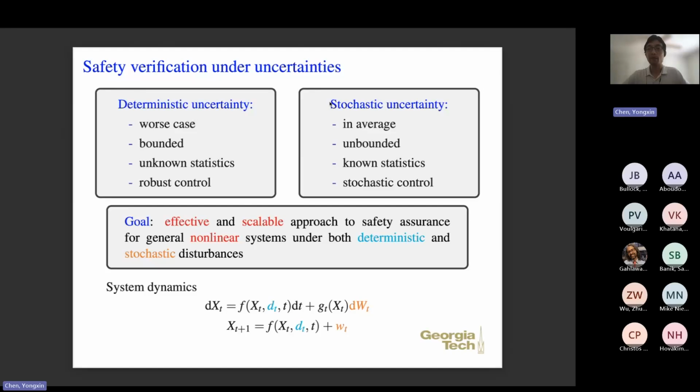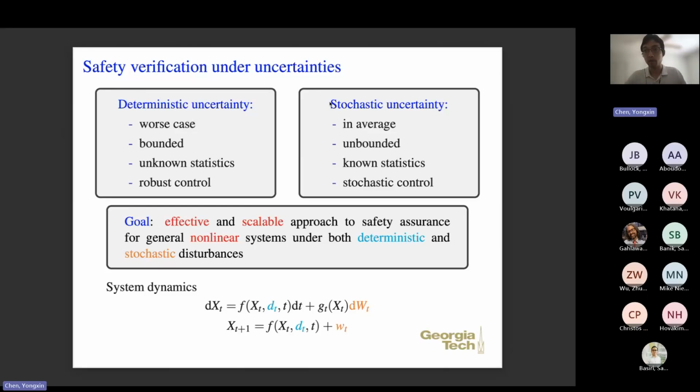But there is another type of uncertainty that also plays an important role in applications. That is stochastic uncertainty, which is very different from deterministic uncertainty. Stochastic uncertainty worries about performance on average, and it is normally unbounded. For instance, the disturbance can be a Gaussian random variable. The good thing about stochastic uncertainty is that normally you know the statistics.